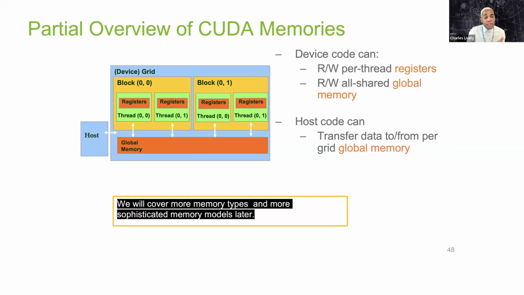And then what the host code is able to do is transfer its data to and from the grid, the global memory, for the device to be able to access.